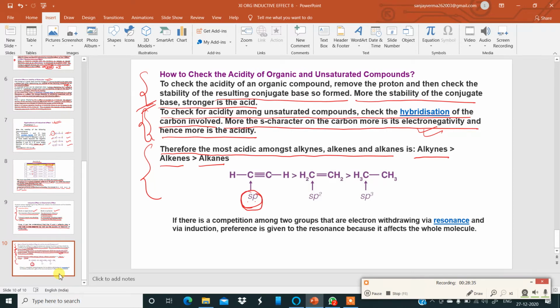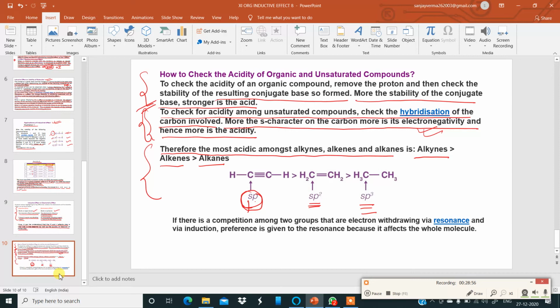A carbon-carbon triple bond is there. The percentage of s character is 50%. In alkenes it goes down, and in alkanes it is still going down. Therefore, remember, hybridization also plays a very, very important role in giving us information about the acidity of the given molecules.